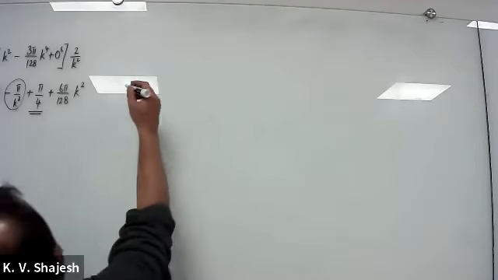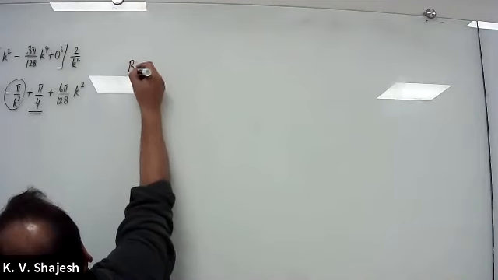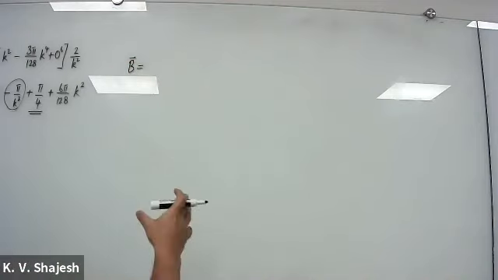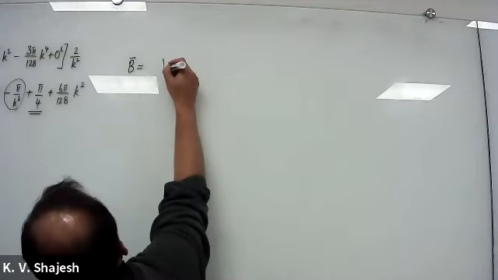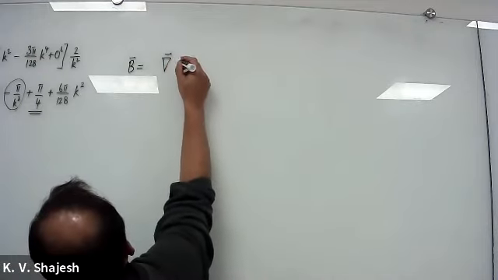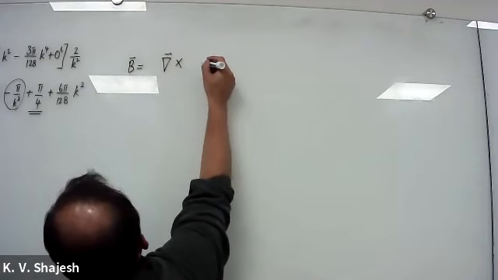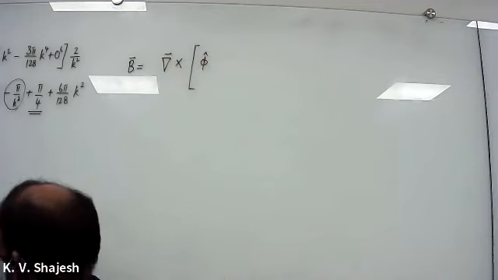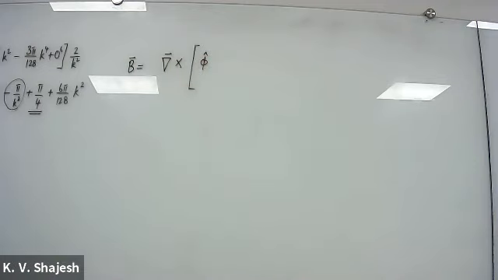Okay. So B is equal to del cross A, right? So let's have del, the gradient, crossed with A. There's a phi hat for sure, and there is a whole expression there which has a rho and a z in it.